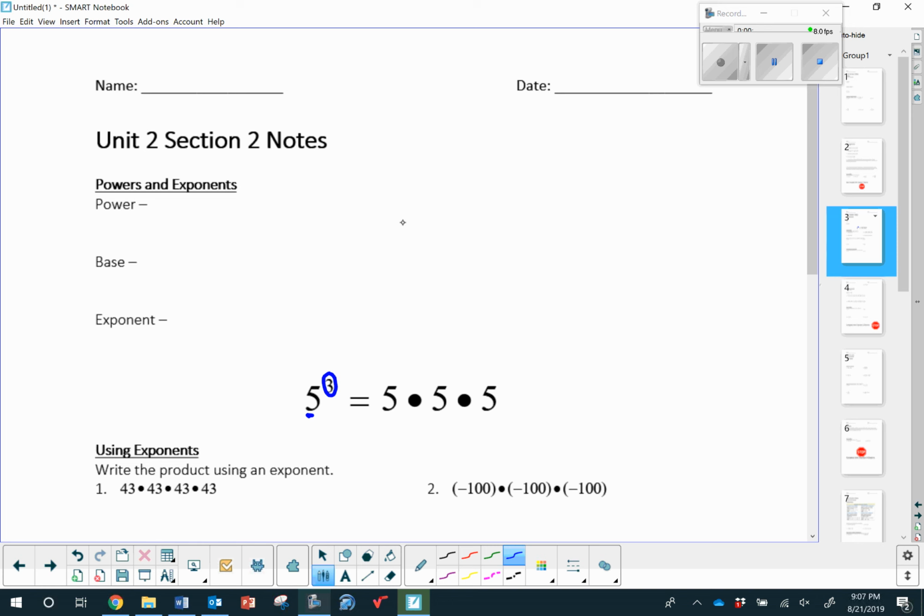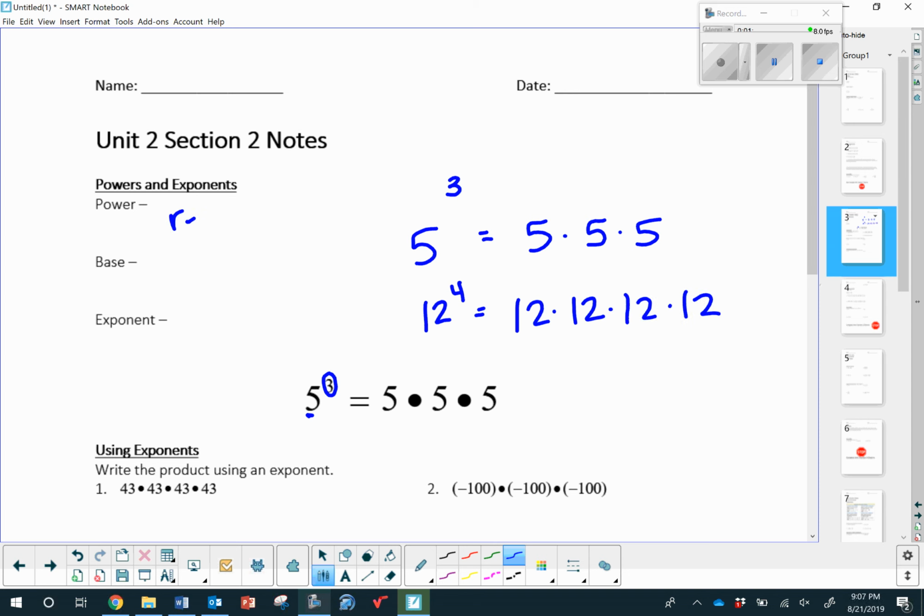So the number here that's our base, I'm just going to rewrite it here, that is telling me the number that I'm multiplying. My exponent tells me how many of that number I have. So for example, I would have 3 5s. 12 to the 4th power equals 12 times 12 times 12 times 12.